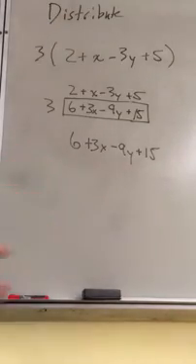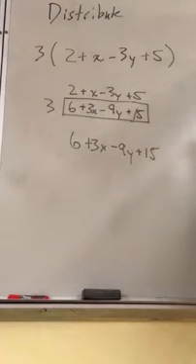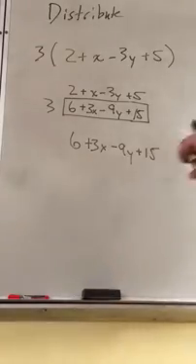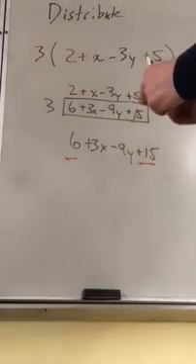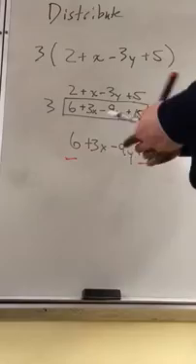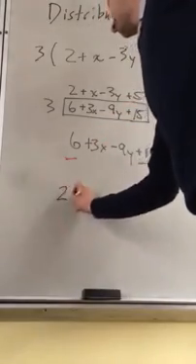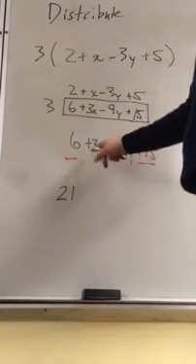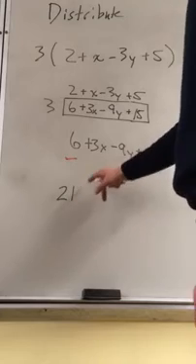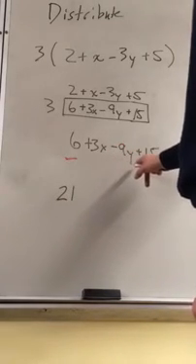Now the thing to do next is called combine like terms. So the like terms here are the 6 and the 15. So here we see 6 plus 15, that's 21. Now the 21 does not combine anymore with 3x. The 21 does not combine with minus 9y.